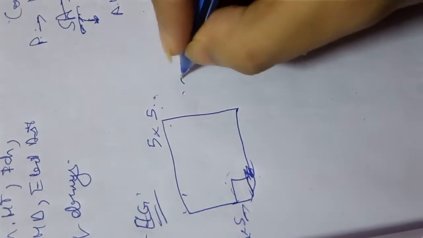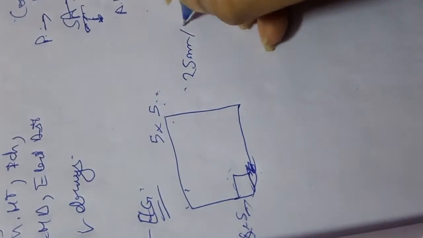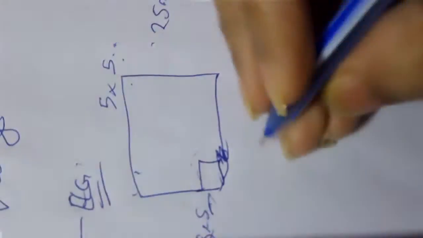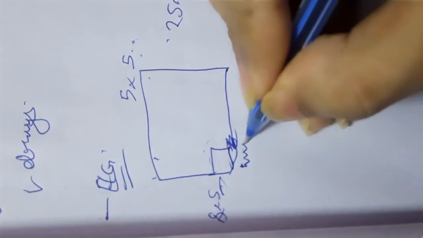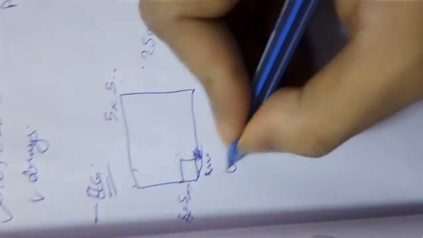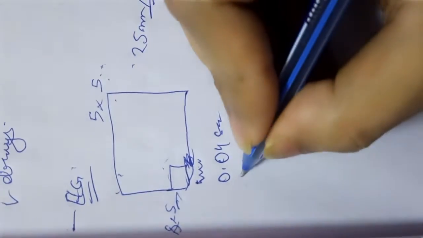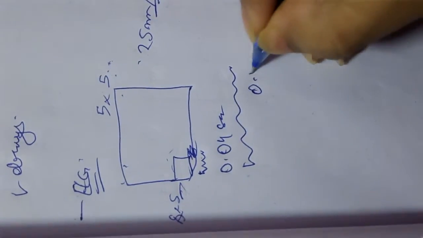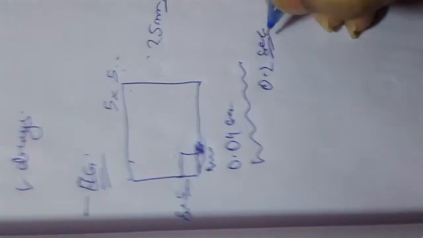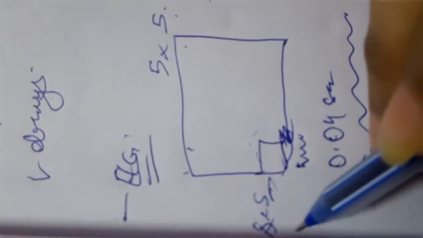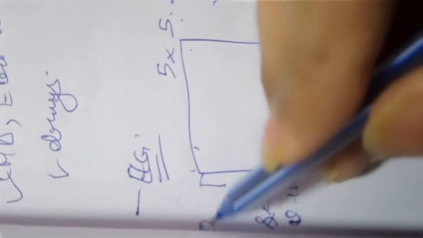The speed of ECG paper is 25 mm per second. Therefore, this will be 0.04 seconds and this will be 0.2 seconds. This is 0.1 millivolt and this total is 0.5 millivolts.